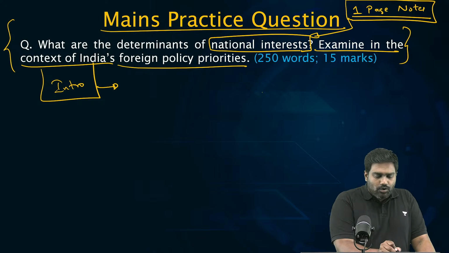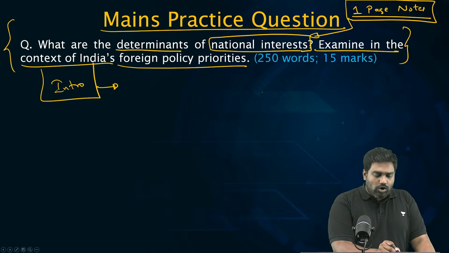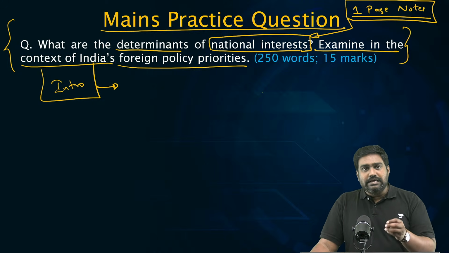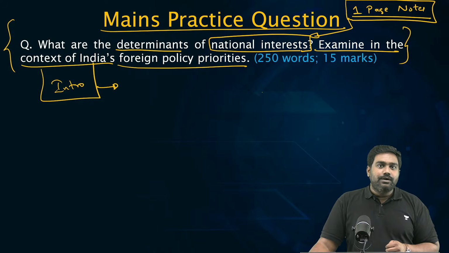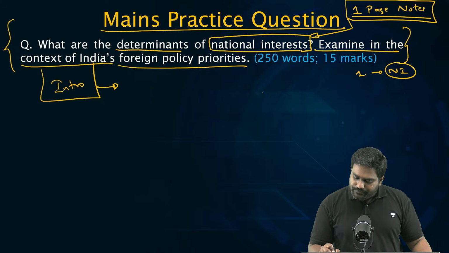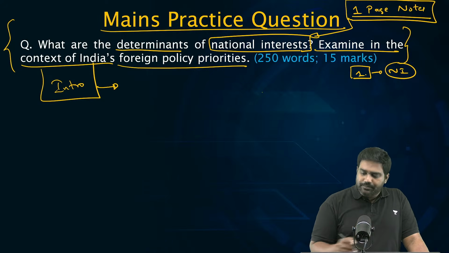This question is asking you, what are the determinants of national interests? Examine in the context of India's foreign policy priorities. So basically, there are 3 parts in this question. One, what is national interest? Though the question is not directly asking for it, it's always good to explain the concept.